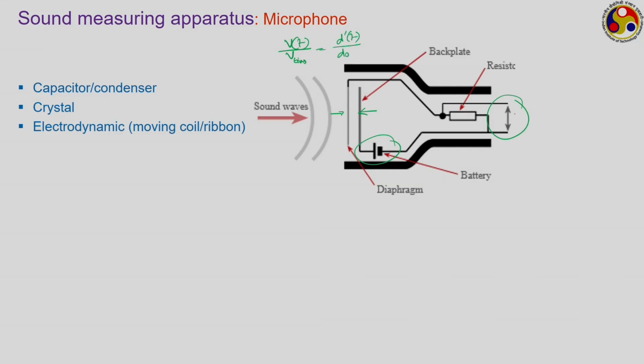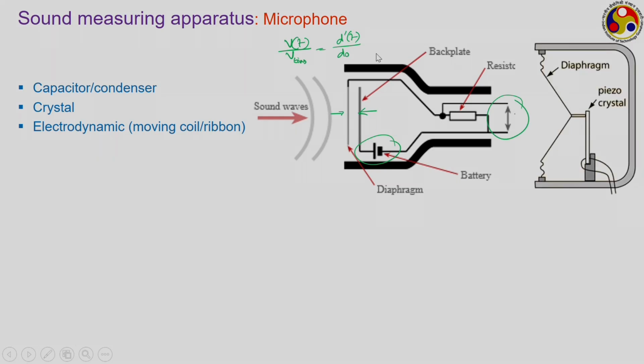Here d naught is the initial distance between the diaphragm and the back plate, and d prime is the change in separation. So, it is very much a linear relation, and as the distance changes, correspondingly output voltage also changes, and we can easily get a measurement of the sound level with suitable scaling. So, this is the first type of measurement. This is the most common kind of instrument that I have mentioned, and it also has several advantages. I shall be coming back to that very shortly.